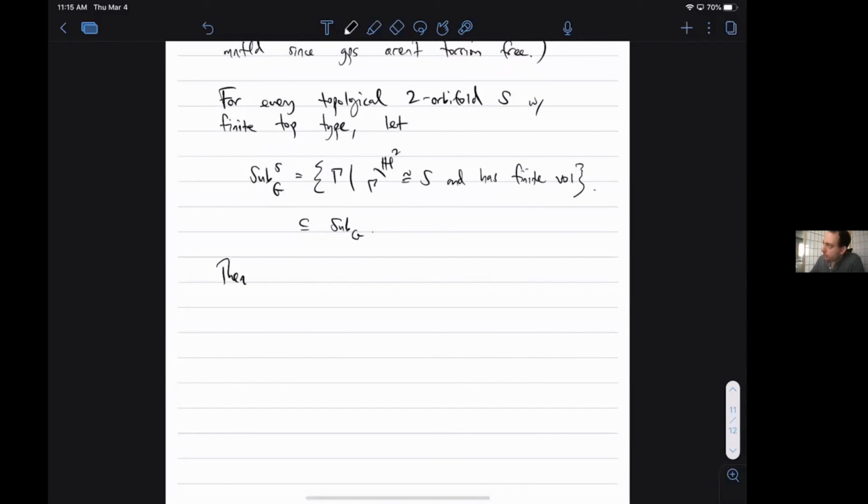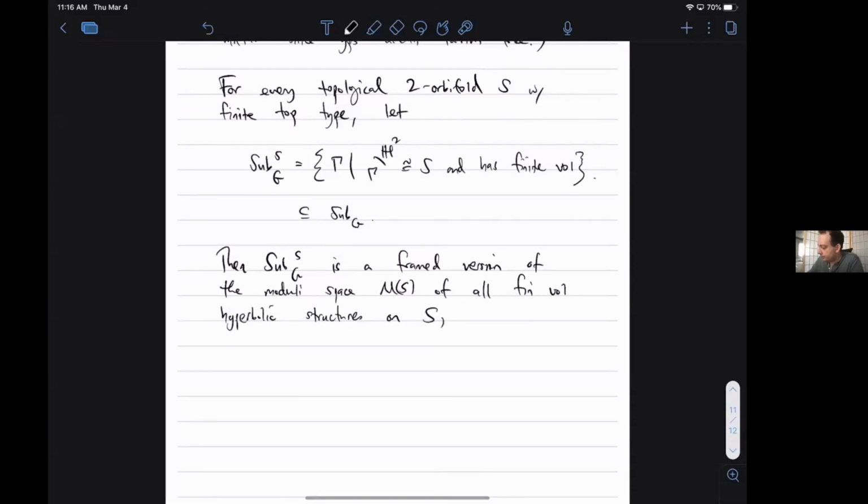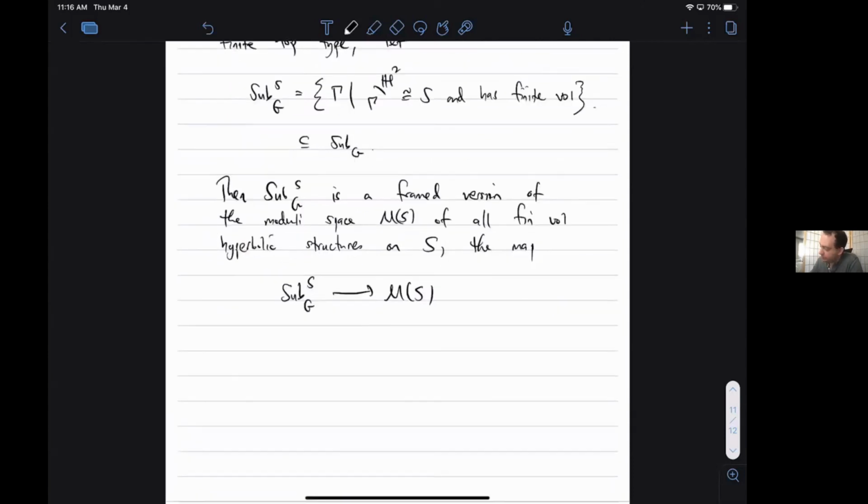And so this G_S is a framed version of the moduli space M_S of all finite volume hyperbolic structures on S. I can look at the map from G_S to this moduli space, which takes a group gamma to the quotient.